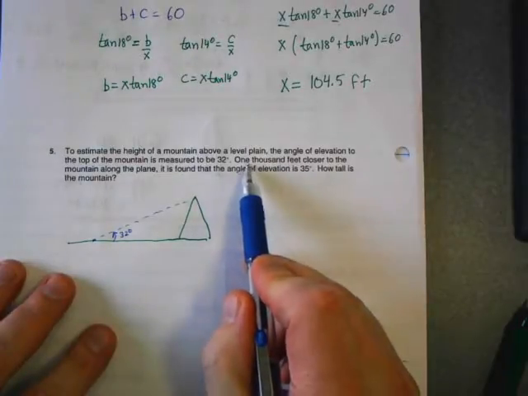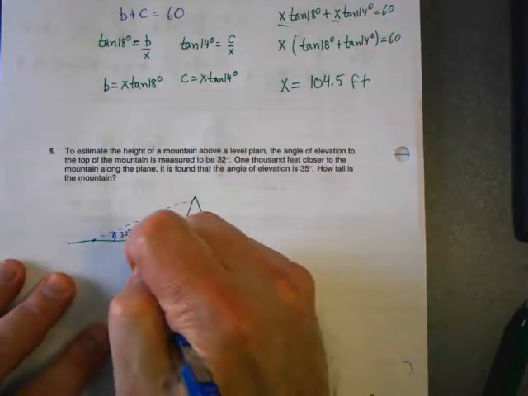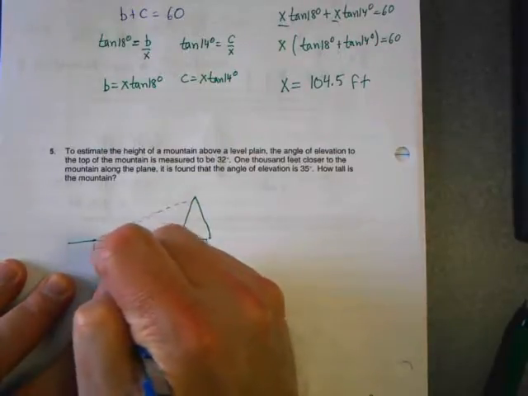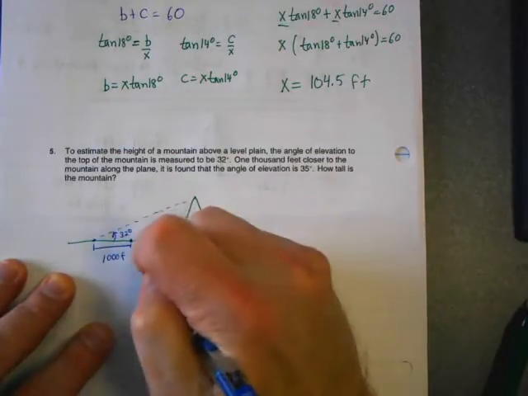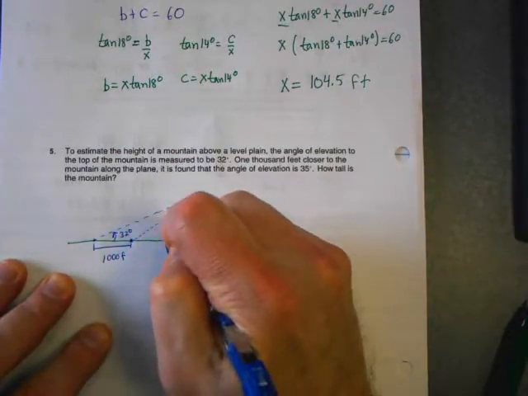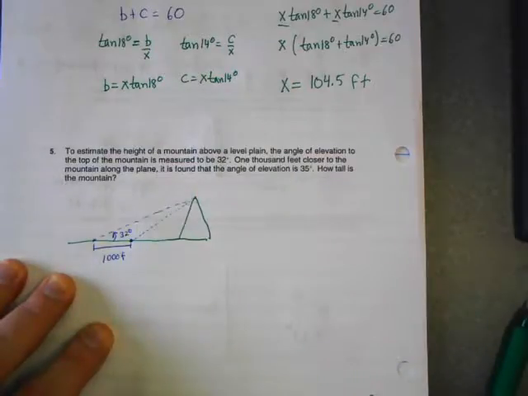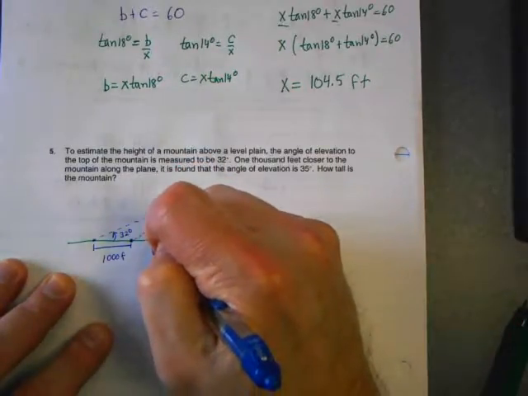Then it says we moved 1,000 feet closer. So this distance is 1,000 feet, and I remeasured my angle, and I got 35 degrees.